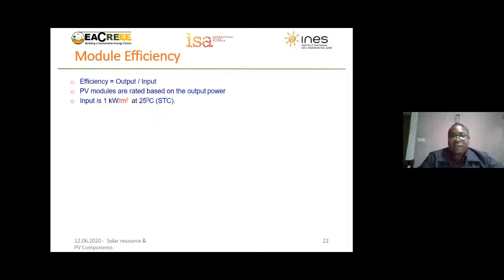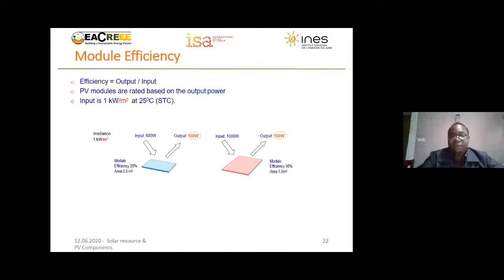We provide that rating at 1,000 watts per square meter irradiance and at 25 degrees Celsius. I will refer to these two conditions as the standard testing conditions, because these are the standard testing conditions for solar PV modules.